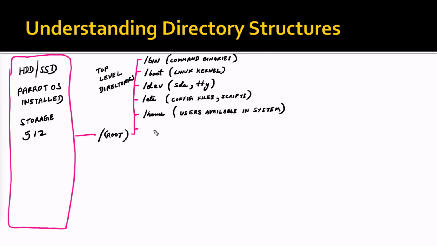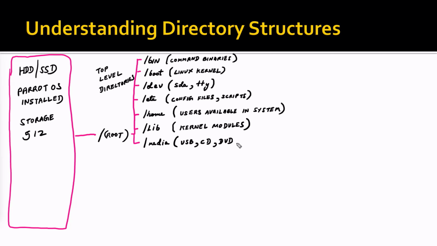We have got /lib, which contains essential shared libraries and kernel modules used by the binaries in /bin and /sbin. Libraries provide necessary functions for software to run. We have got /media that is used as a mount point for removable media such as USB drives, CDs, and DVDs.